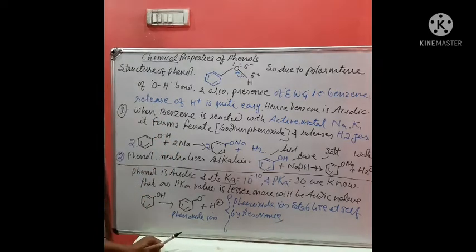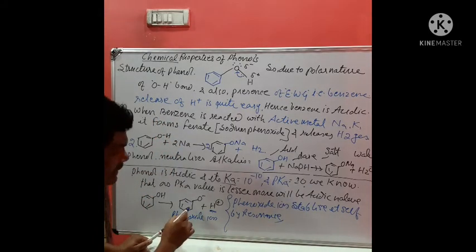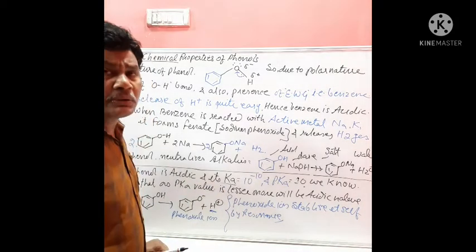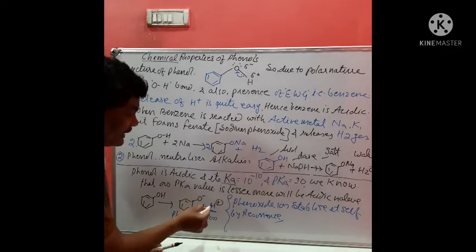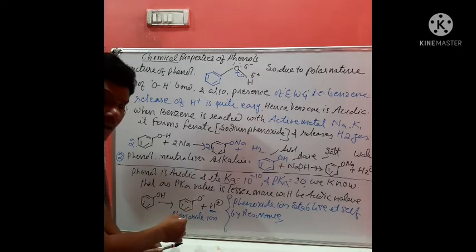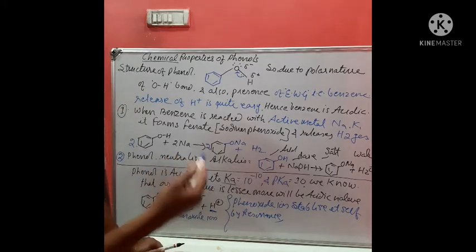Now what will happen? After releasing the H cation, the phenoxide ion will stabilize itself, so it will not require to rebond with the hydrogen cation which it released.